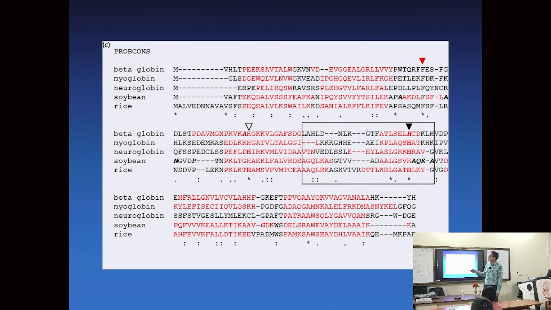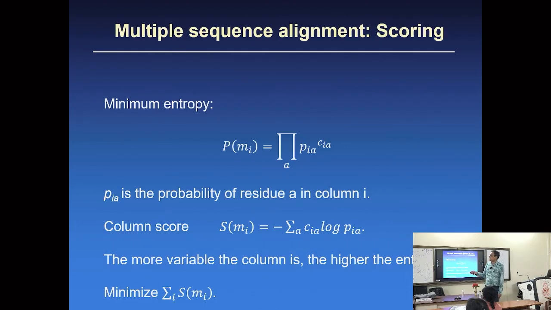You can compute the probabilities for the residues, and then assuming that each residue occurs independent of the other, you can compute the probability of this column. The probability of this column is the probability of G multiplied by the probability of K multiplied by the probability of R multiplied by the probability of A multiplied by the probability of R. There are two R's, so that would be the probability of R squared, which is shown here as probability of R with count 2, and the product means you consider all amino acids for that column.